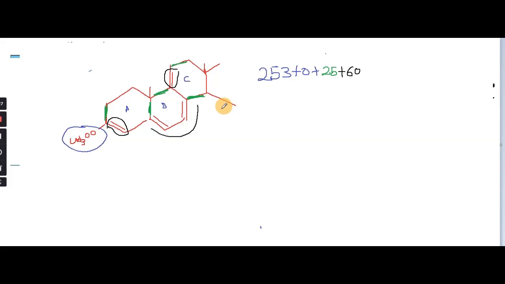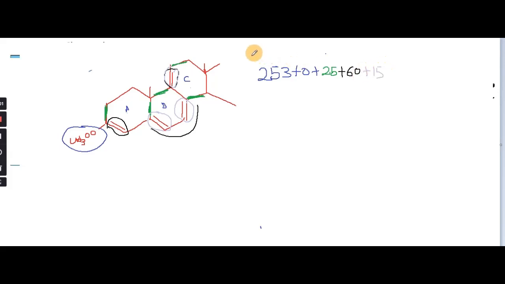Next, we are going to look at the exocyclic double bonds present in this compound. If I look very clearly, I can see that this double bond here is exocyclic to ring A. This double bond here is exocyclic to ring C. Then this one too is exocyclic to ring B. So we have 3 exocyclic double bonds. That adds a total of 15 nanometers, because each of them adds 5.